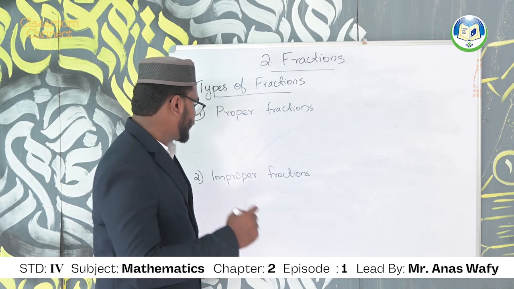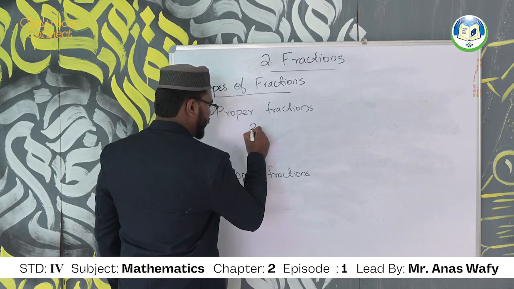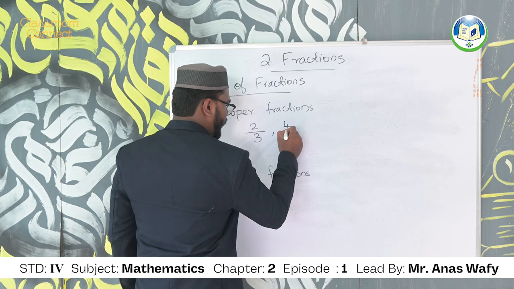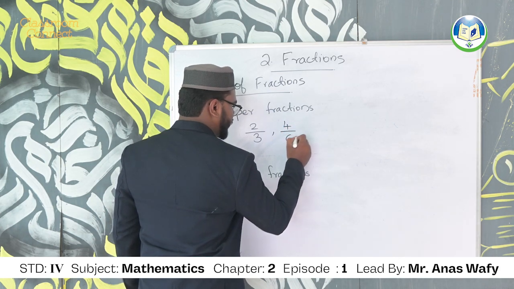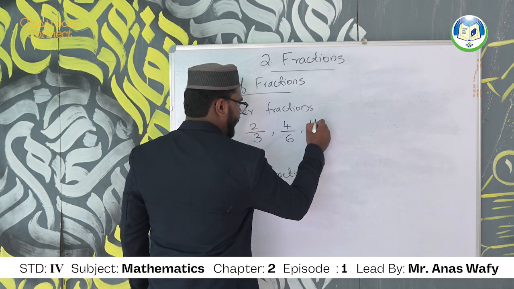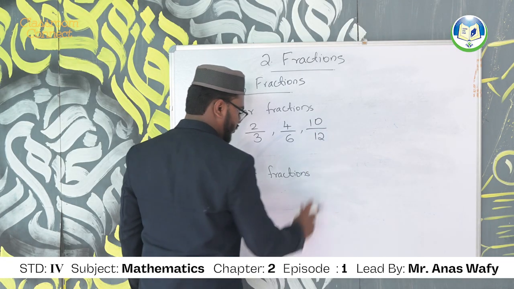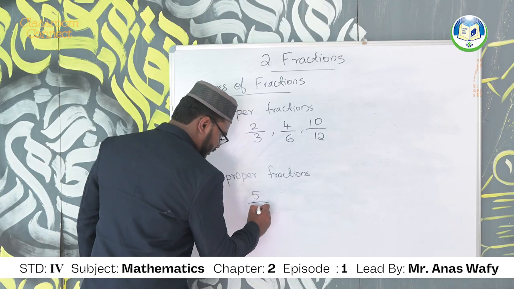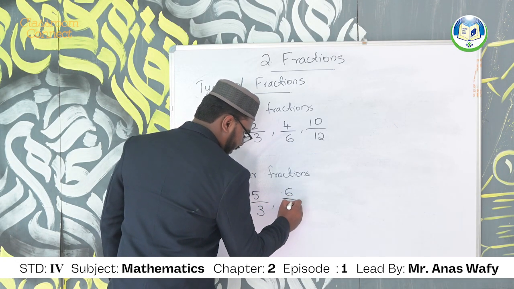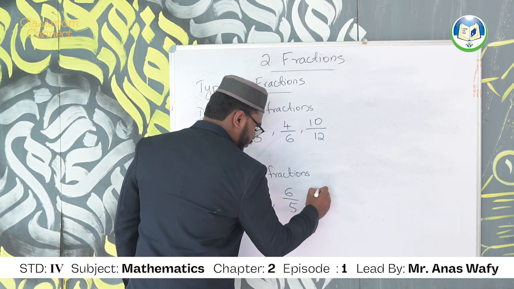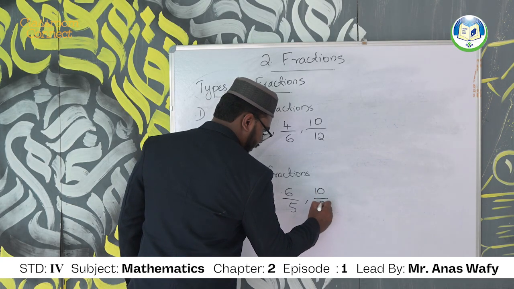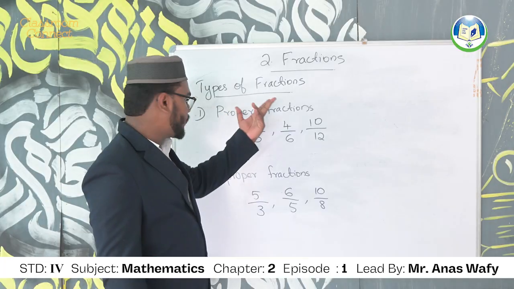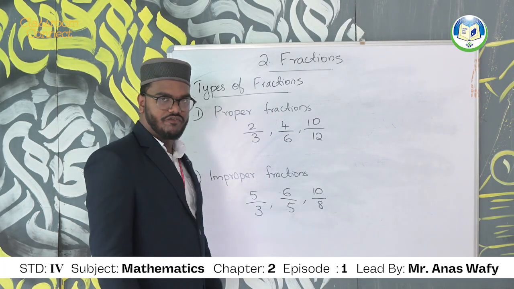Let me write some examples here. 2 by 3, 4 by 6, 10 by 12. Okay, here I am going to write 5 by 3, 6 by 5, 10 by 8. So these are the examples for proper fraction and improper fraction.